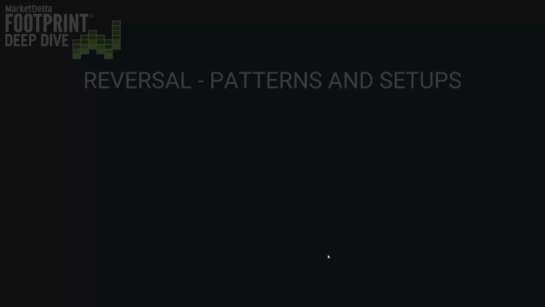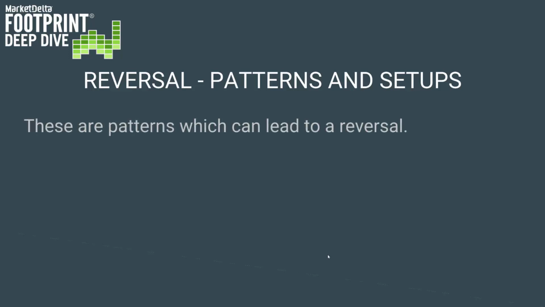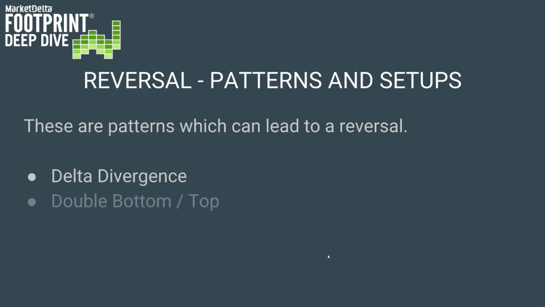So anyway, let's move on to our first pattern and setup, which is reversal patterns. I want to list out a couple of patterns that lead to reversal and allow you to see what these reversals look like, and then how to qualify them with the order flow tools.